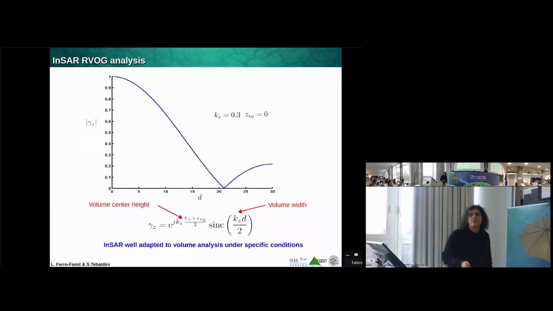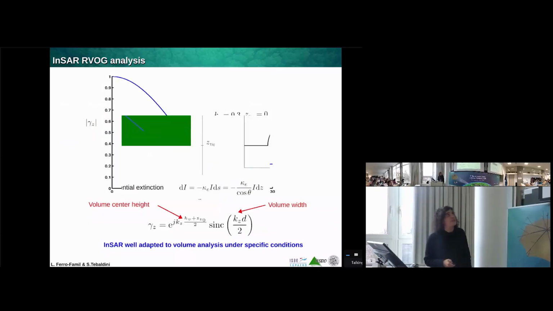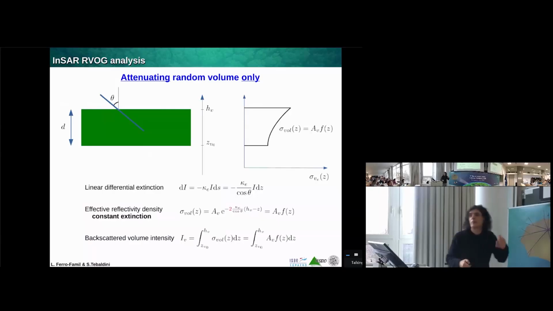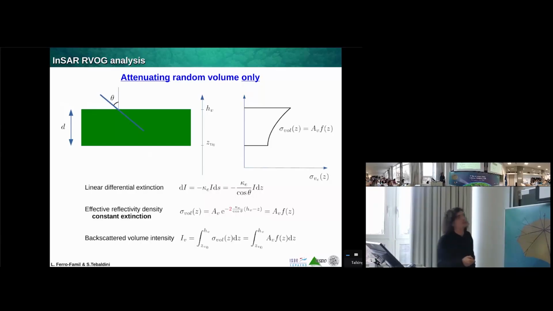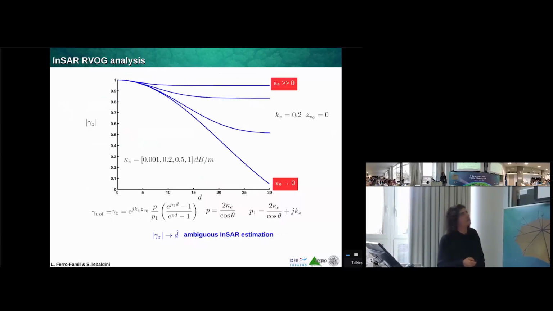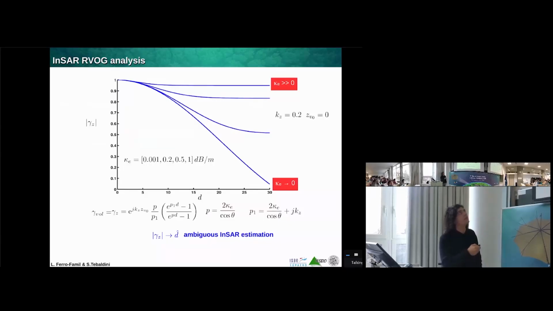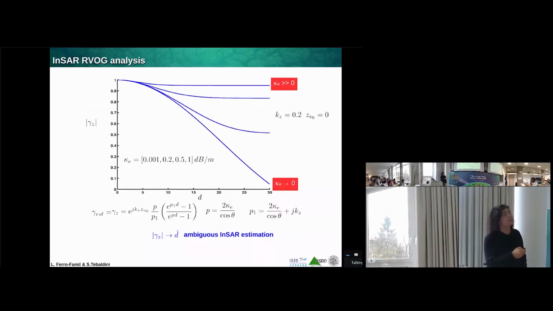This would be perfect if you had a non-attenuating media, but in general, of course, the wave is attenuated when it propagates through the forest, and in this case, you don't have anymore a rectangular shape, but you have an exponential shape whose Fourier transform is a bit more complex than the one I showed before. Without getting into the details, you get coherence features that are maybe represented as this.